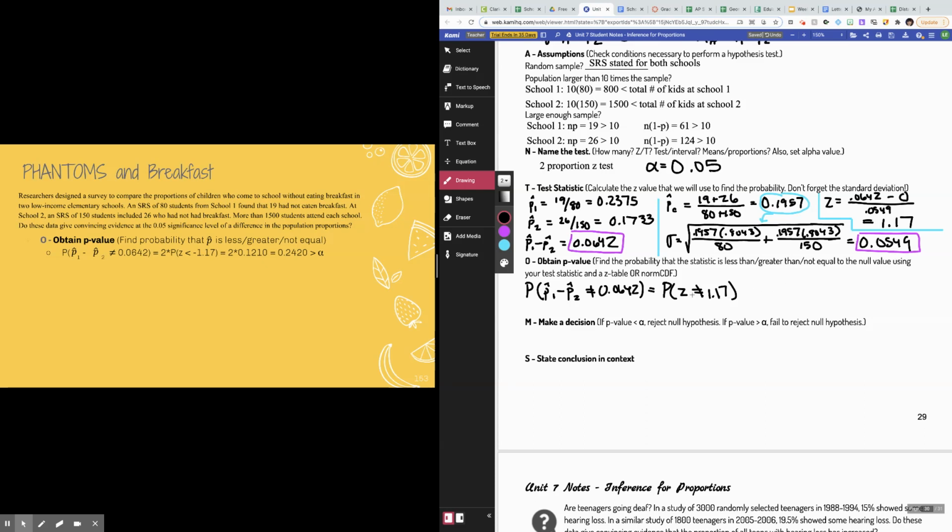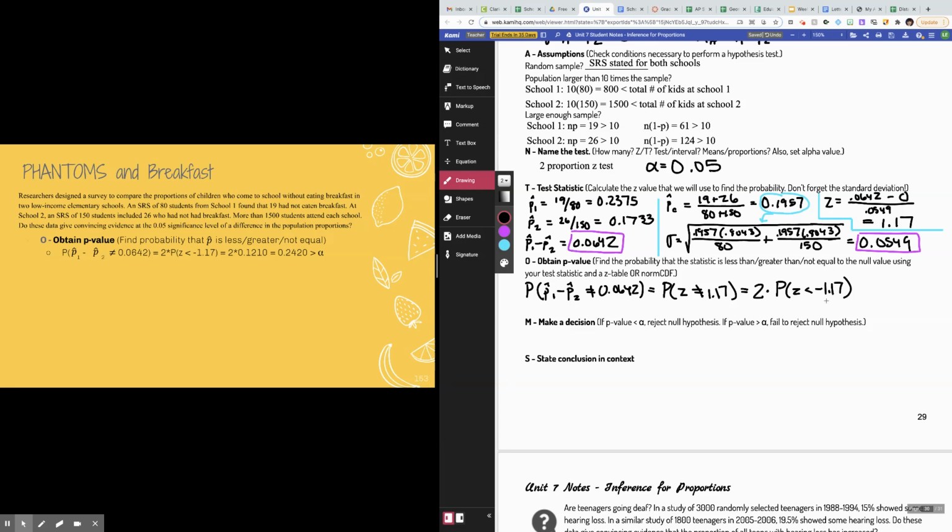Now remember, because this is a not equal to probability, usually what I tell you all to do, and what the rule is, you have to do 2 times the probability, and then if z is not already negative, switch it to a negative and do this. Have it be the probability that z is less than the negative version of your test statistic, okay?